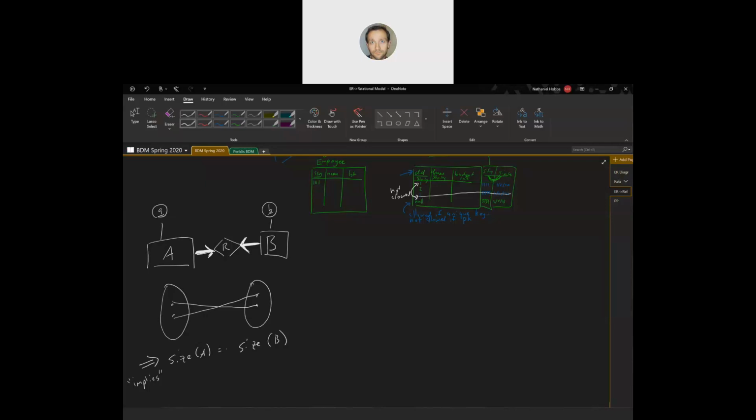So how could we capture this as a relation or in the relational model? If you think you might have an answer, you can unmute your mic.